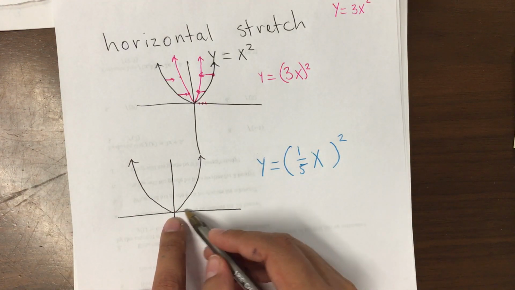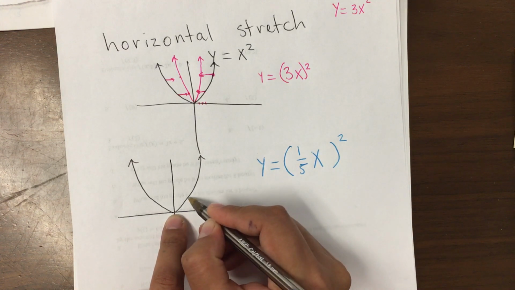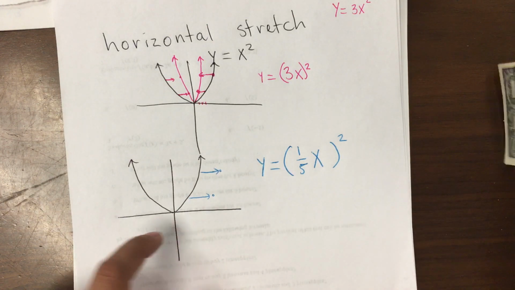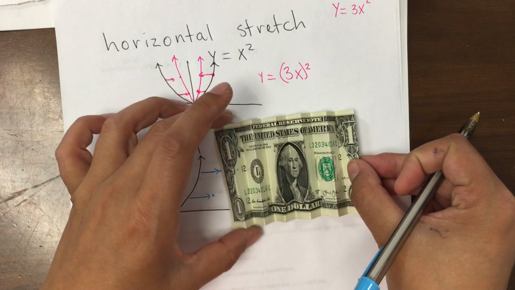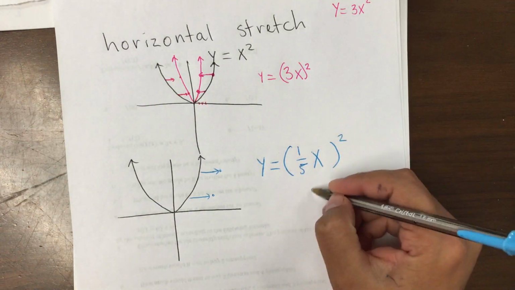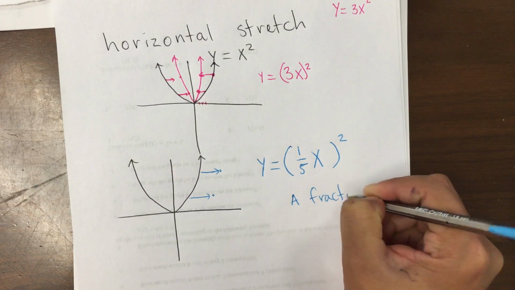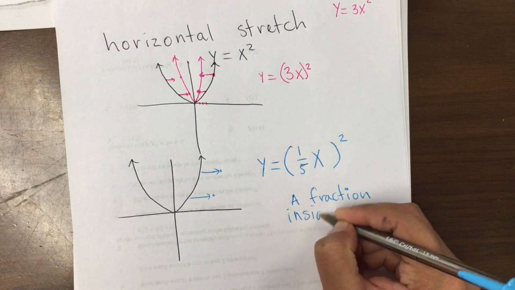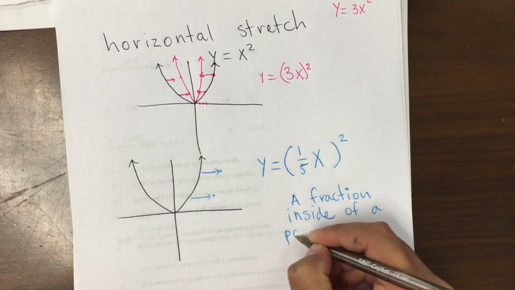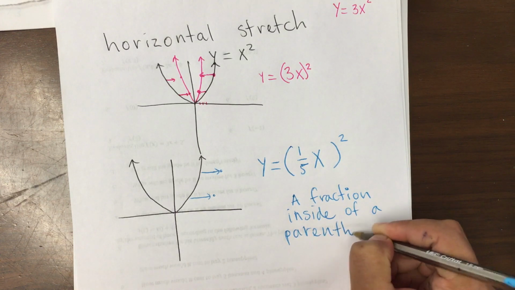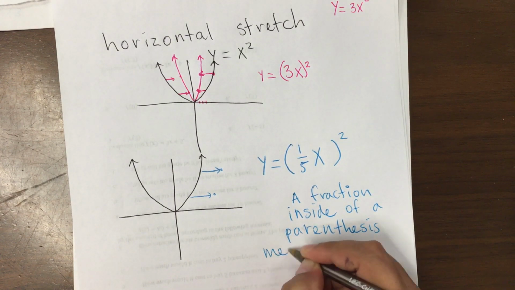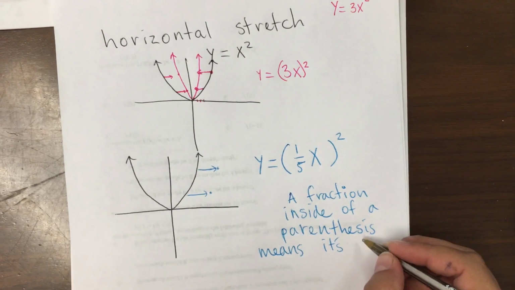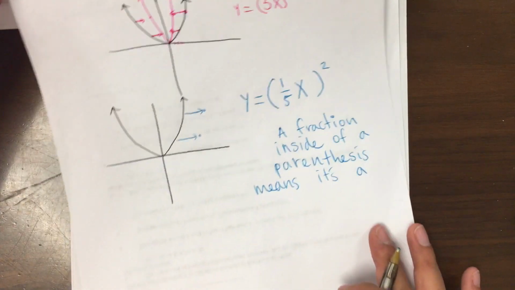So instead of being here, this point goes over here, and this point goes over here. It's like I'm stretching it, okay? So a fraction inside of a parenthesis means it's being horizontally stretched. It's a horizontal stretch.